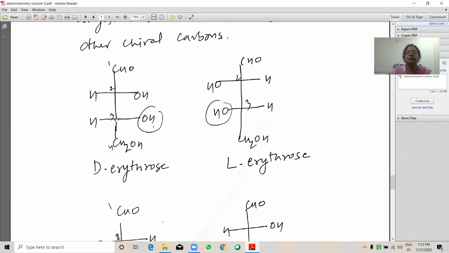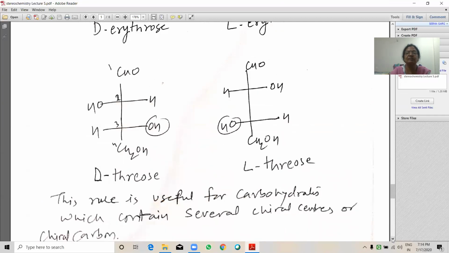So on this chiral carbon, on the horizontal line, the most priority group, hydroxy, is on the right hand side, so it is capital D erythrose, whereas when the hydroxy group is on the left hand side, it is capital L erythrose. Similarly threose: here it is capital D threose, and here capital L threose, because the hydroxy group is on the left hand side.